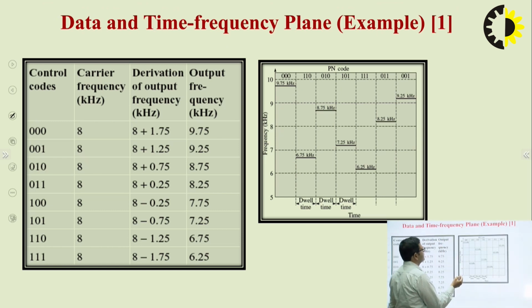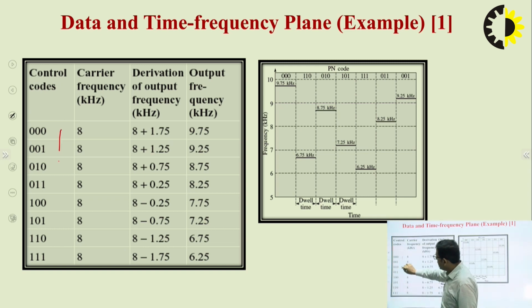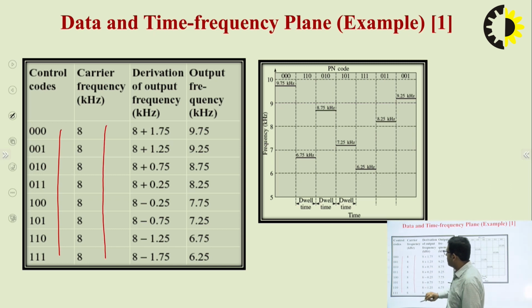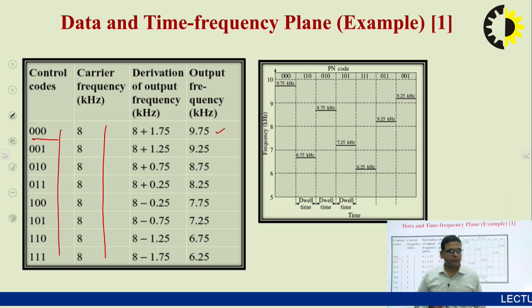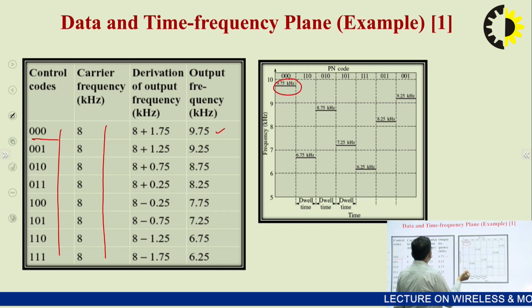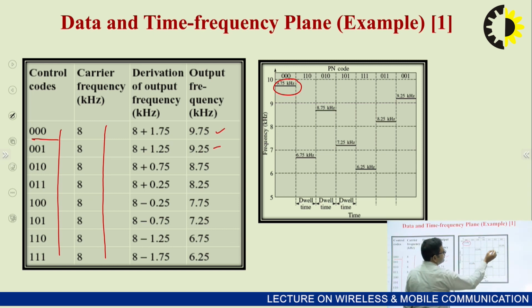A time frequency plane shows the different frequency hopping operation. For example, we have 8 codes, and for this the carrier frequency is 8 kilohertz. As we can see, for 000 the output frequency is 9.75. The frequency is shown here. For 001 the frequency is 9.25.